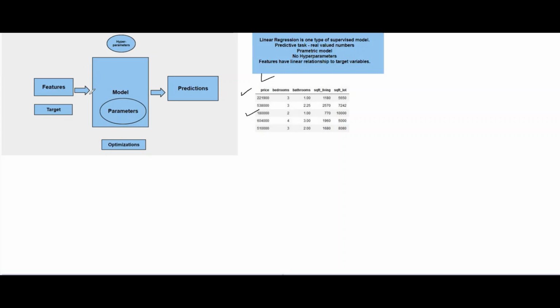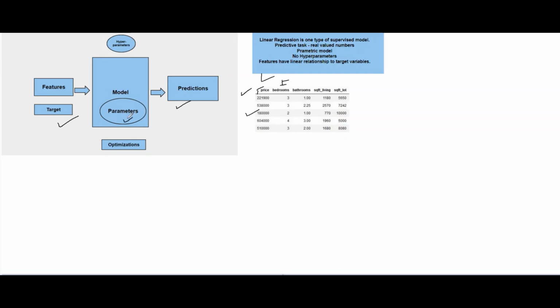It takes those features and the target. In this case, the target is the price and the remaining things are features. All these things we incorporate into the model, and then the model does the final prediction on unseen data or unseen values.